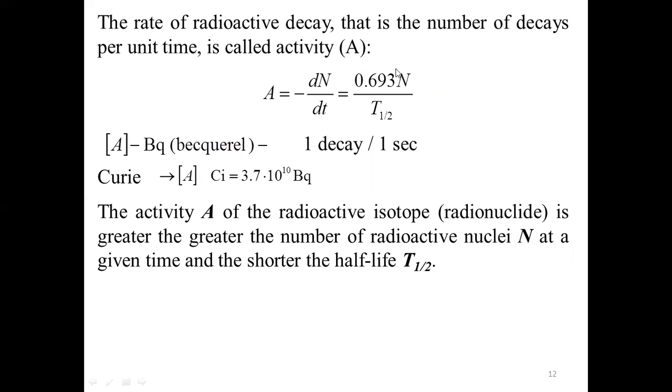The unit of measurement of activity is the becquerel, which represents 1 decay per 1 second, but as we have too many decays in a second, it is more convenient to use the non-systematic unit of measurement, the curie, which gives us 3.7 times 10 to the 10th degree becquerel. The activity of the radioactive isotope or radionuclide is greater the greater the number of radioactive nuclei at a given time, and the shorter the half-life period.